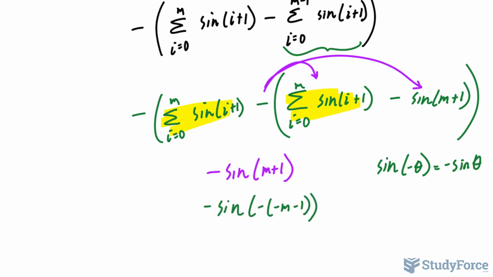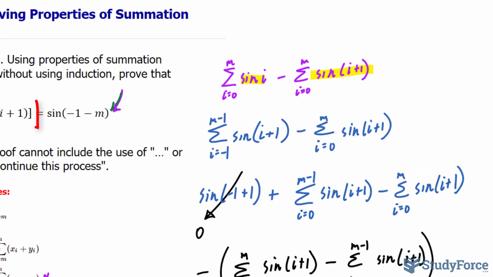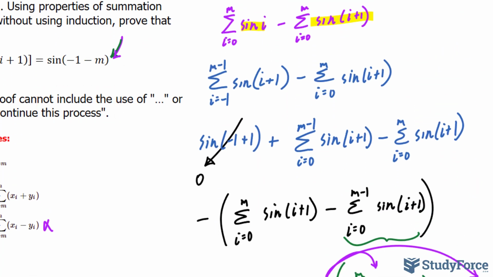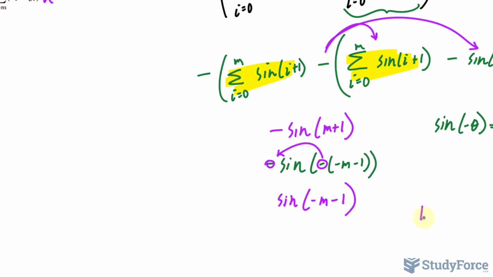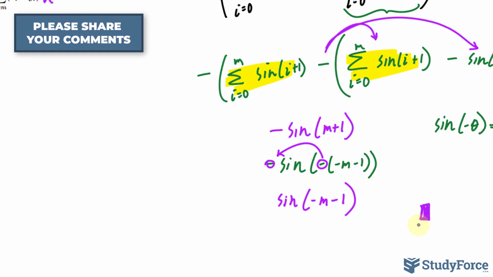That's what it looks like. Then apply the identity where you have two negatives next to each other, and you end up getting sine of negative m minus 1. That is equal to the right side, and therefore we have proven that the left side and the right side are the same.